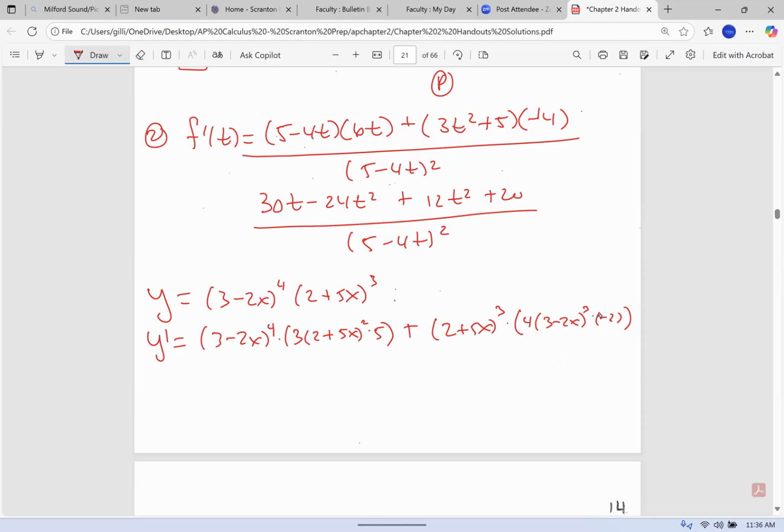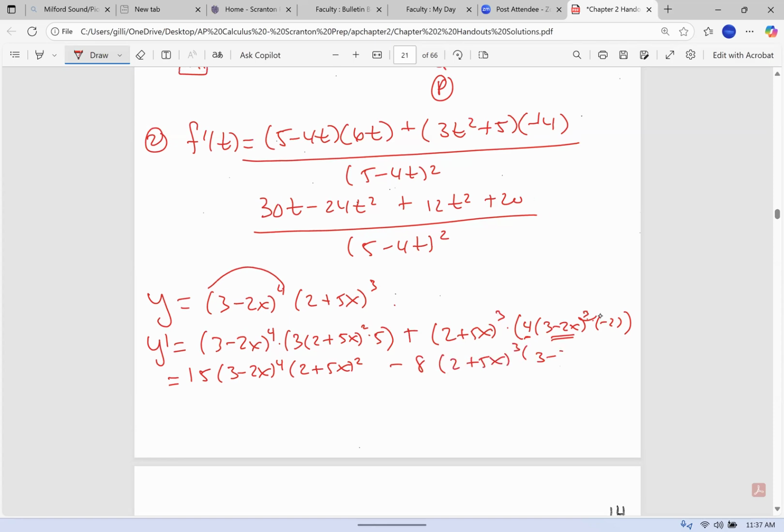Okay, so that's my derivative. Remember, anytime you drop down that power, repeat the inside, decrease it by 1, and times it by the derivative of the inside. And now this is going to be slightly cleaned up. And what's 4 times -2? -8.